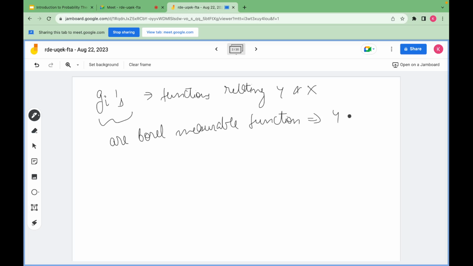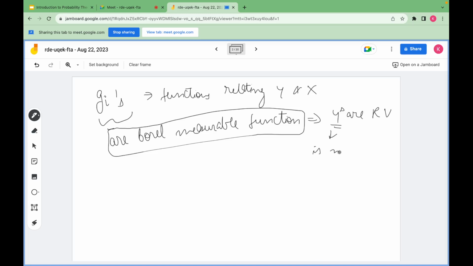Then we can say that all y's are random variables. If this property does not hold, then y is not a random variable. So this is an important property, that all the functions gi's should be Borel measurable functions.